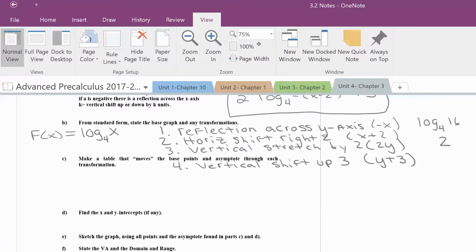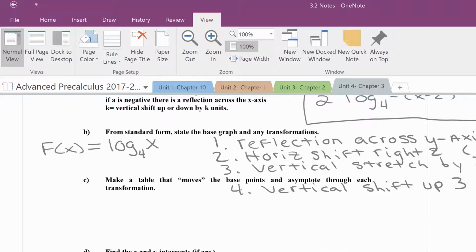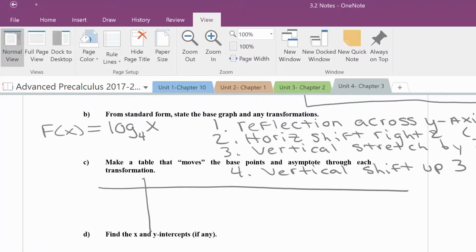Let me make this a little bigger. So next we have to make our table with the original points and the transformations. So remember, the original points are 1 over b, negative 1, 1, 0, 1, b, so the base is 4, and then you have vertical asymptote at x equals 0.